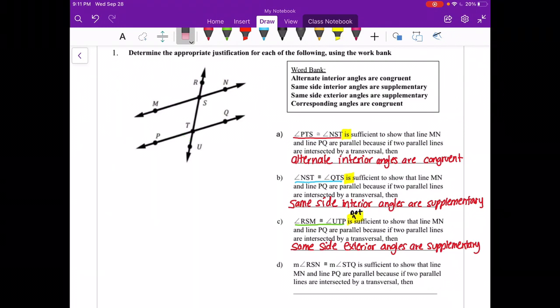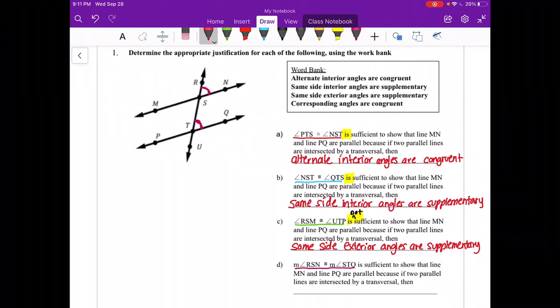This brings us to part D. In part D, we're looking for RSN and STQ. RSN is this angle in the corner here, and STQ is this angle here as well.